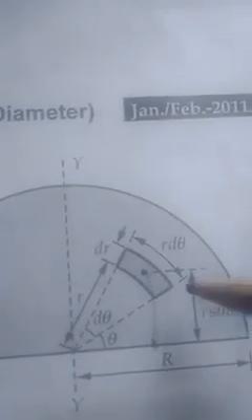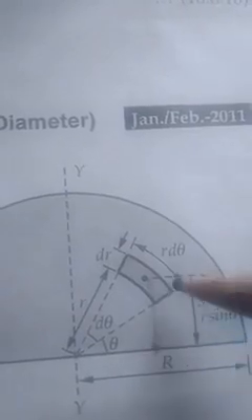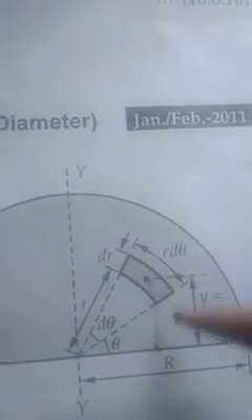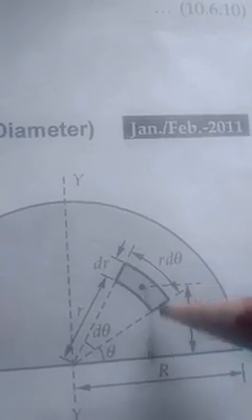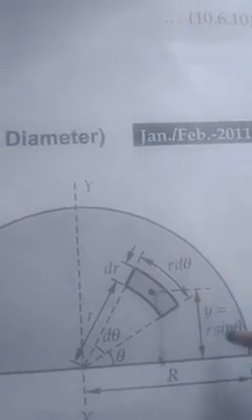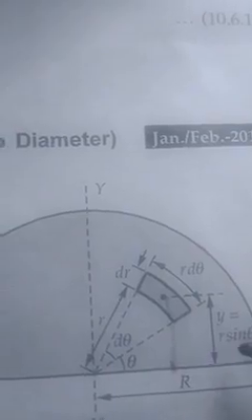Next, this y distance, the vertical distance along the y-axis, is y equal to r sin theta. I have written that as the y distance.